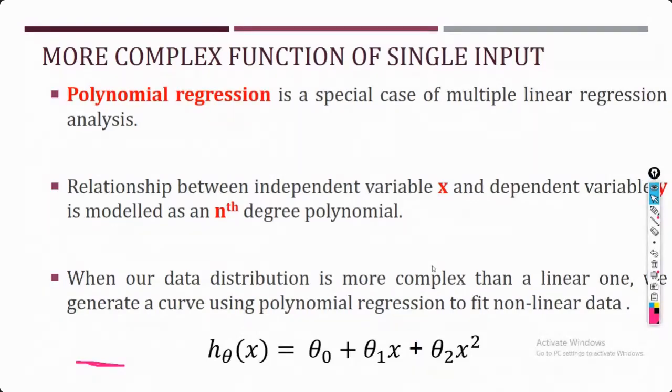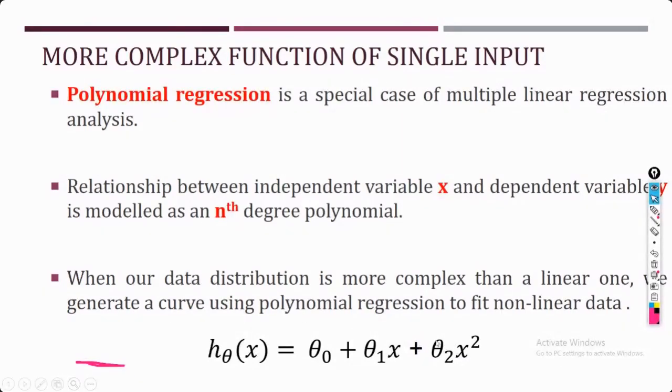Next, in the case of polynomial regression, we are modeling the relationship between x and y in the nth degree. Like here you can see, we are modeling the relationship in terms of the square. The feature is the same, but here we are further increasing the dimension, and that dimension we have increased in terms of the square.